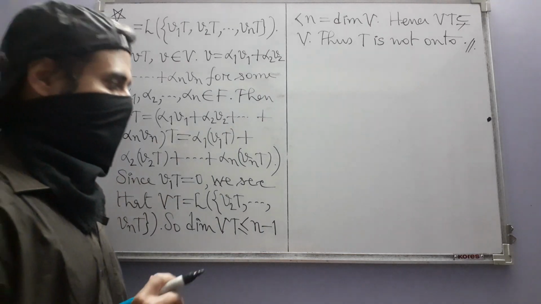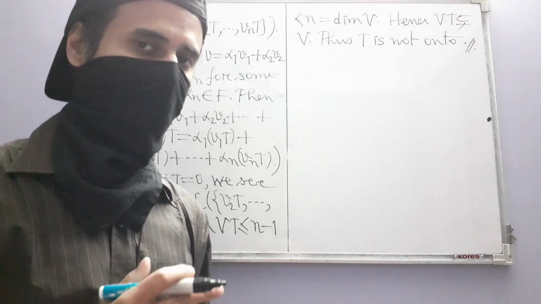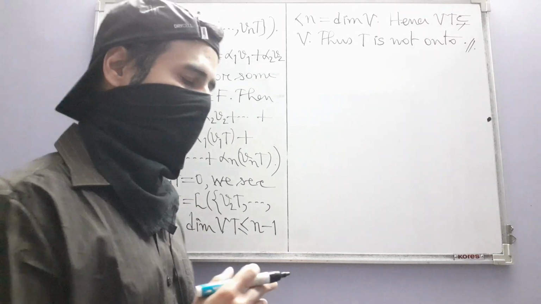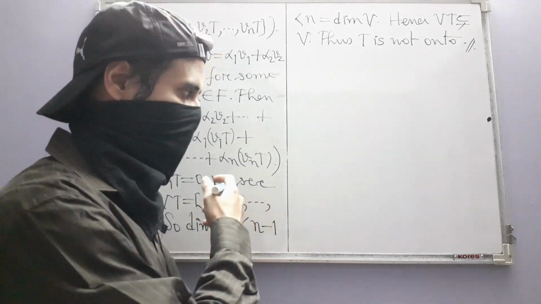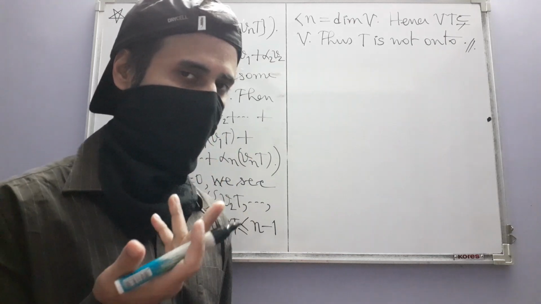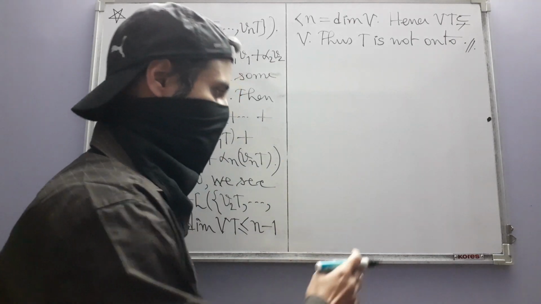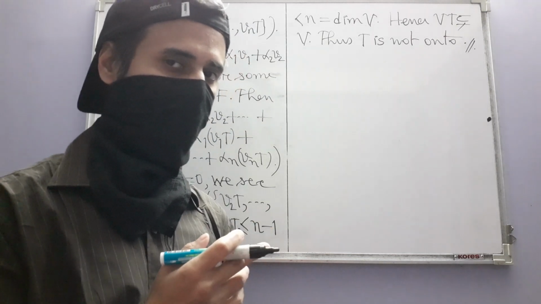Okay. Now, this is a new equivalent condition for regularity of a linear operator. New means it does not use the minimal polynomial of the operator, which is also there. I mean, if you recall, a linear operator is regular if and only if the constant term of the minimal polynomial is non-zero.